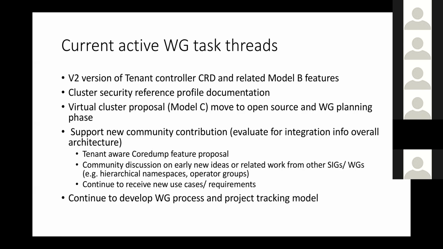There are models A, B, C, and D. Model B is everything around this tenant controller CRD and associated CRDs and so on. That's what we did the POC for earlier, so we had a first pass at it. Now the next main task there is to have an updated version, or a V2 version, of that and related featurettes. So that's one bucket of tasks.